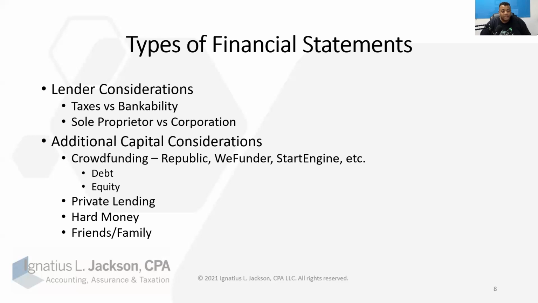Types of financial statements, lender considerations are something to think about. Taxes versus bankability, right? If you take a bunch of deductions, it lowers your taxes, but it may not get you to the point where you can finance a loan. So you have to always think about that: do I really want to take all these deductions and save a bunch of money, or do I want to be able to go get a loan next year?